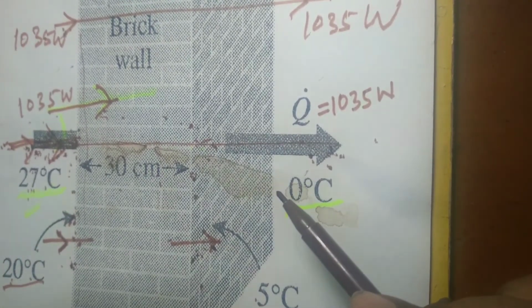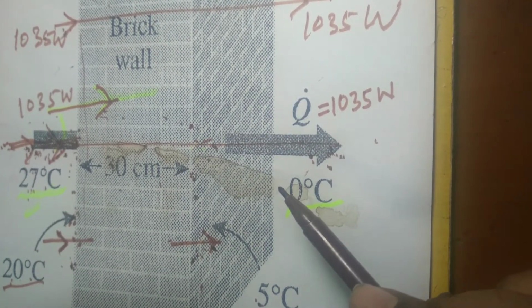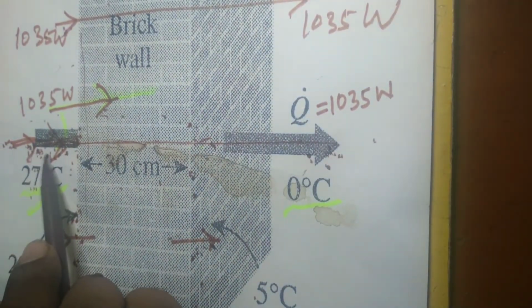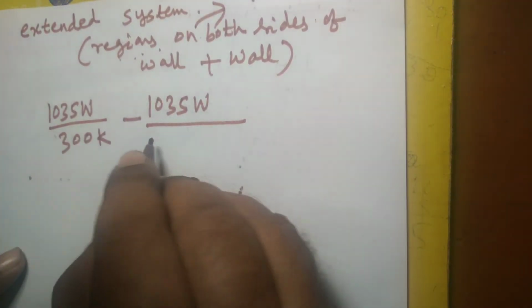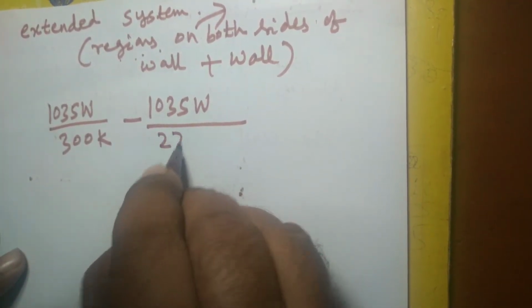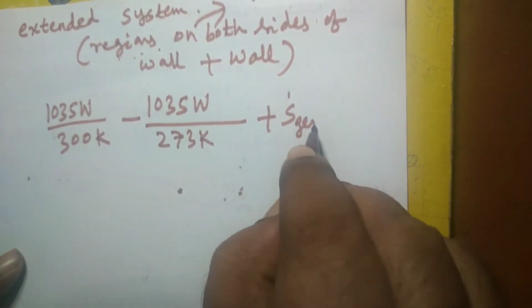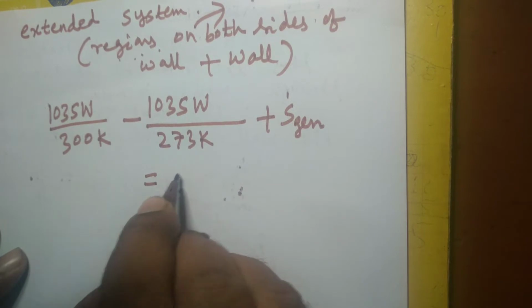Whenever we take the extended system into consideration, these will be our boundary temperatures, 27 degrees Celsius and 0 degrees Celsius. In terms of Kelvin, this will be this much, plus rate of entropy generation is equal to 0.